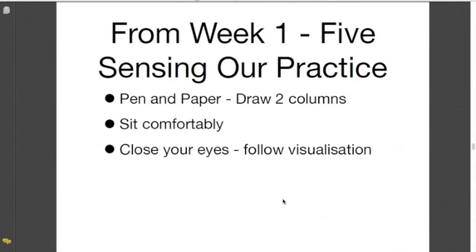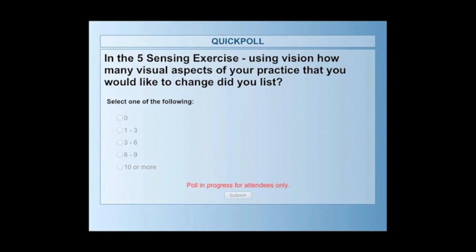If you just launch that poll, let's just see how many you've got. Did you have nothing you wanted to change, between 1 and 3, 3 and 6, 6 and 9, or 10 or more? Well, I thought I could think of 7 immediately. Let's see what we've got.